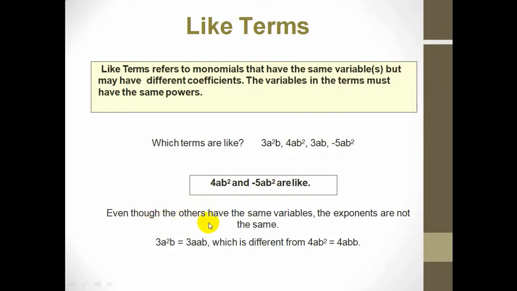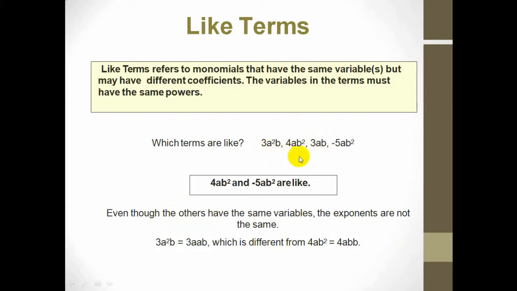Even though the others have the same variables, the exponents are not the same. In these two terms, 3a square b and 3ab, the variables are the same, but the powers are different. In this term, the power of a is 2, but in this the power of a is 1. Similarly, the power of b here is 1 and here is also 1, but the power of a is different.